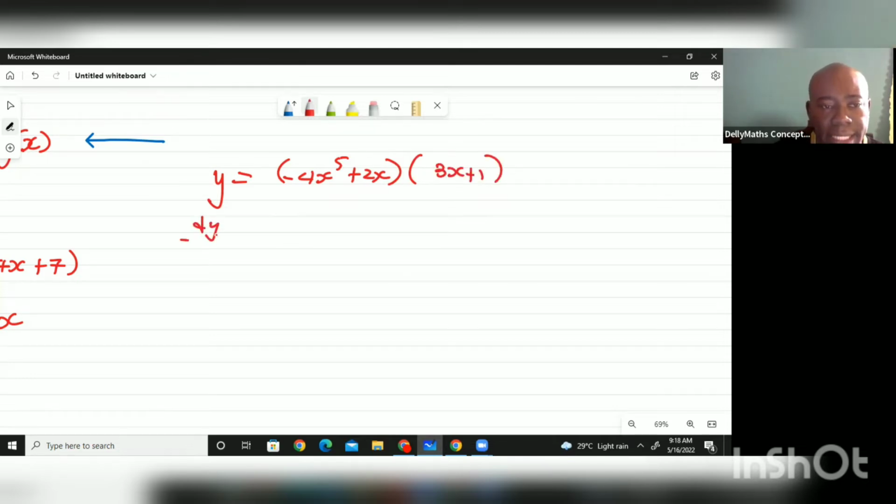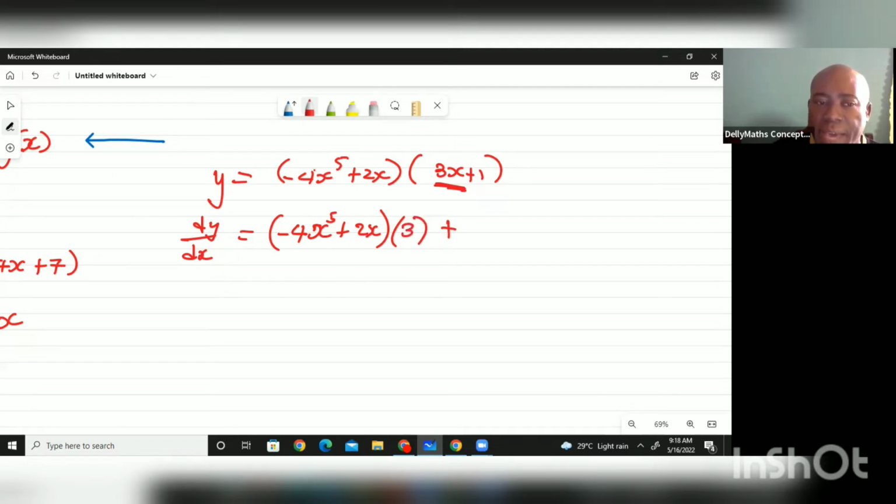So dy/dx suggests that we're going to write back that first function as it is, right? And then that is going to be multiplied by the derivative of the second function, which is 3x plus 1, and this is going to just give us a 3.